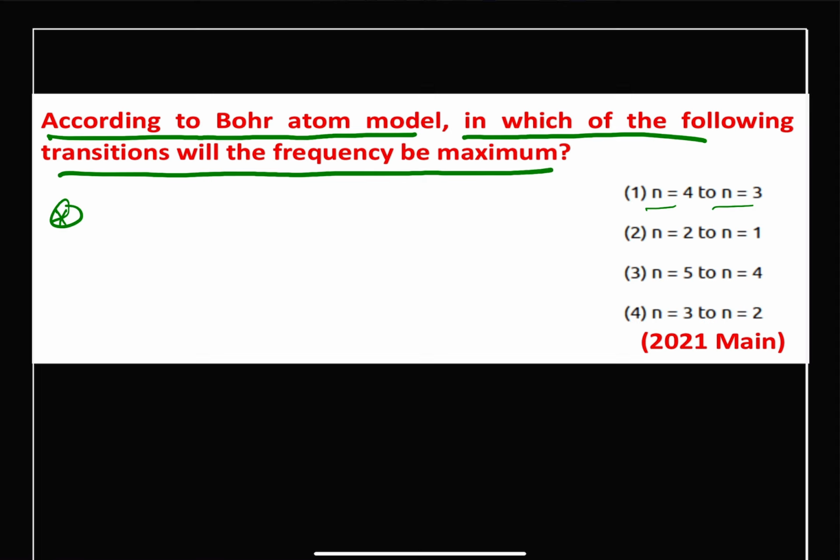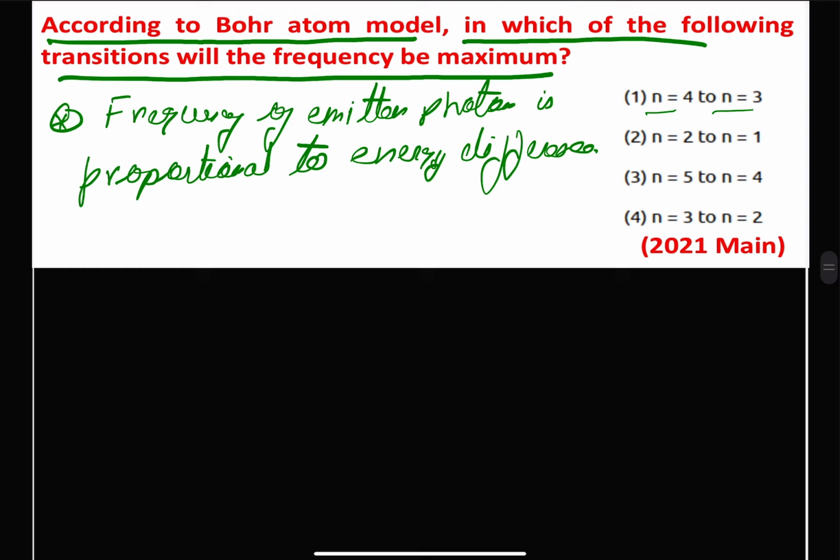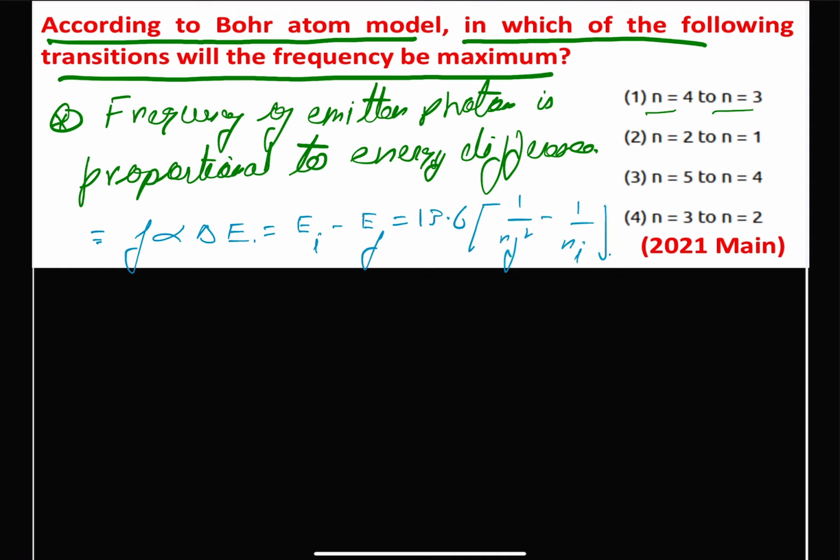So the frequency f will be proportional to the energy difference, and this energy difference will be the initial energy minus final energy, or we can say this will be equal to 13.6 times 1 upon nf square minus 1 upon ni square.